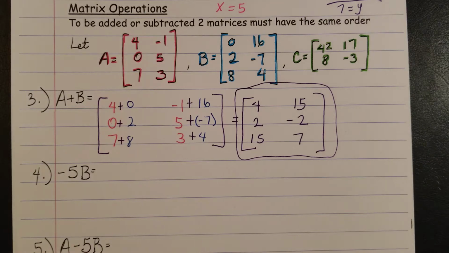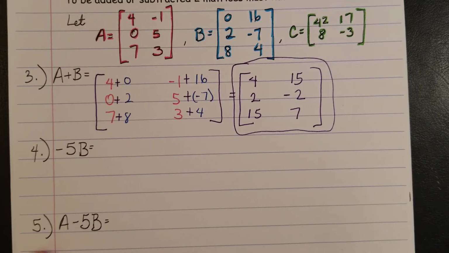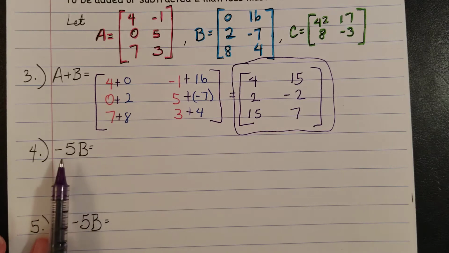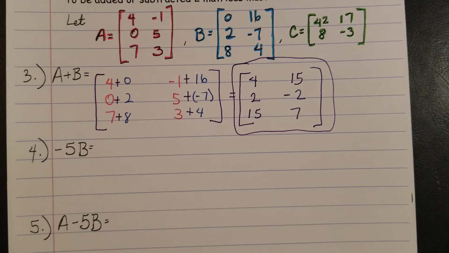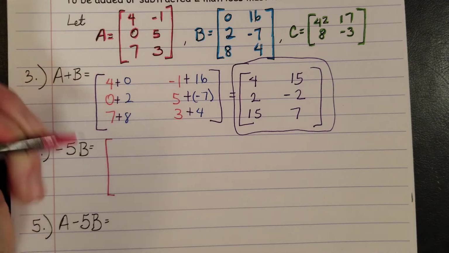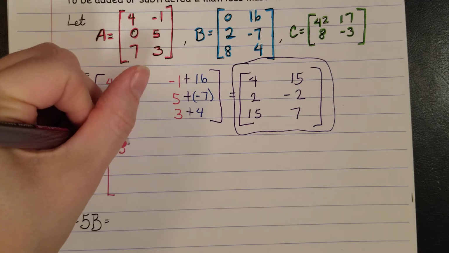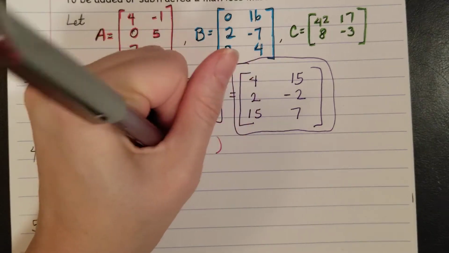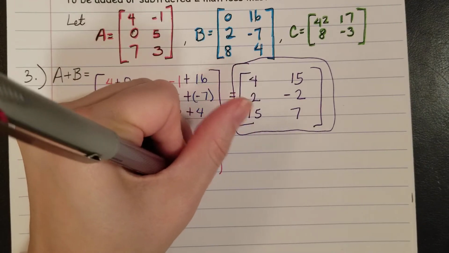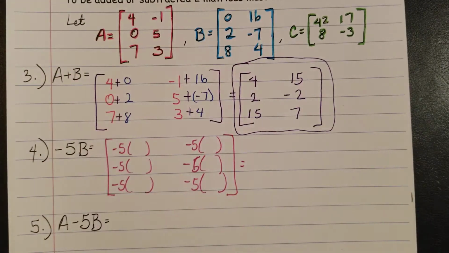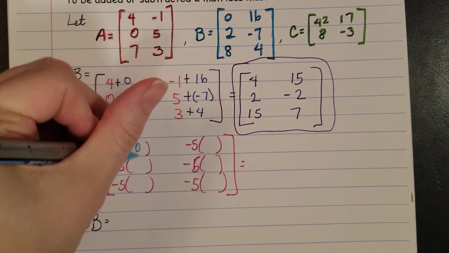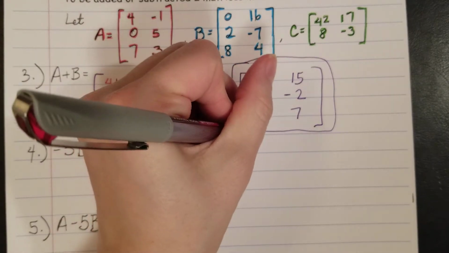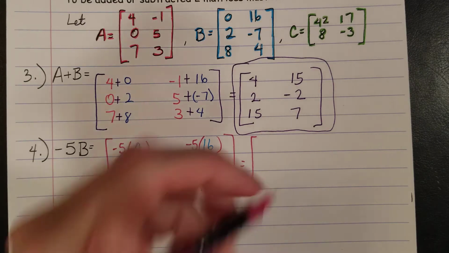And then number 4 says -5B, which means -5 times B, which means we're going to multiply -5 times every entry of the B matrix. -5 times 0 is 0.